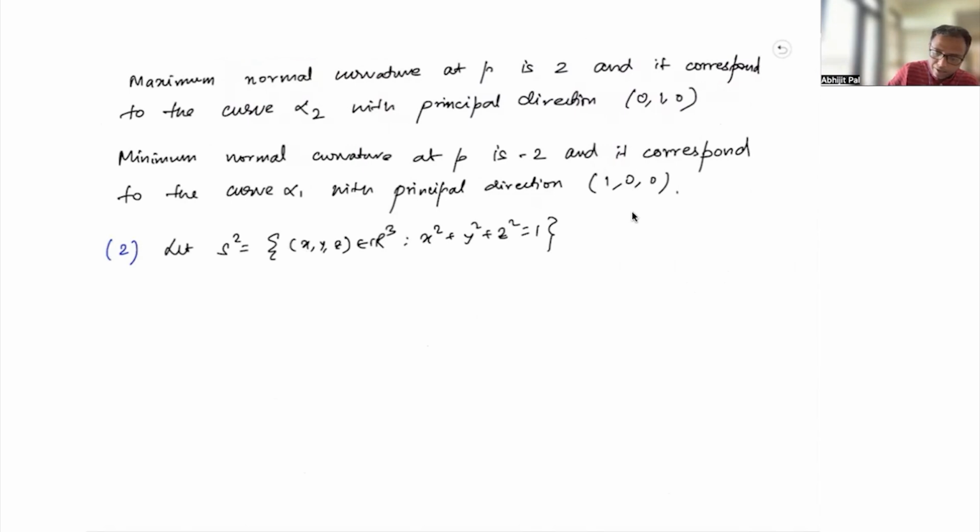First, let us draw this unit sphere in R3. And now if I take any point (x, y, z), the normal to this sphere is either in the outward direction or in the inward direction.